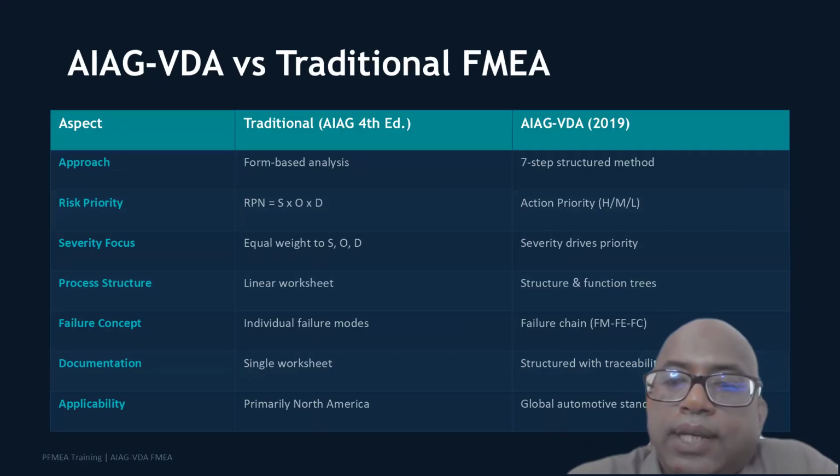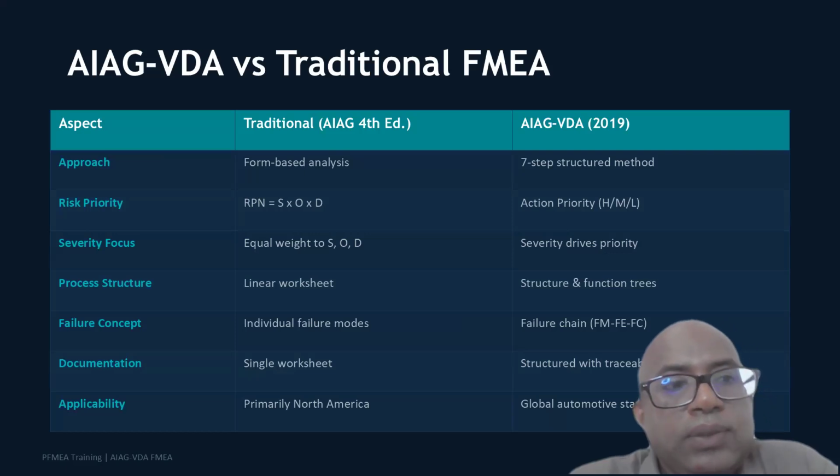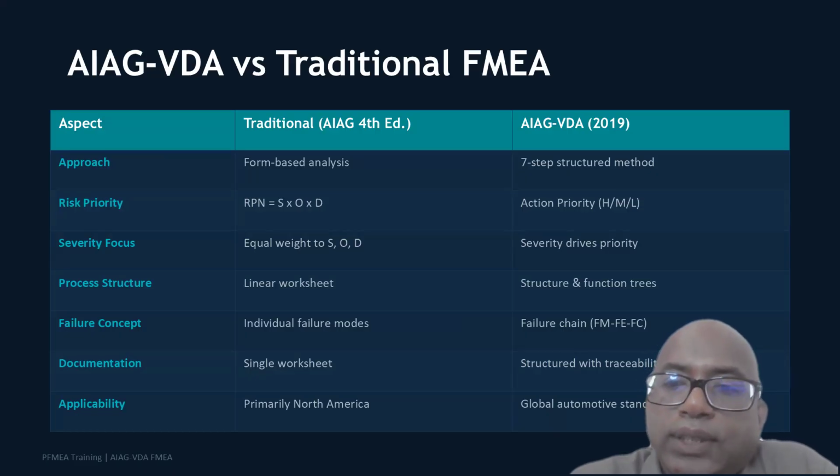I'm going to talk about that because some industries are now using the traditional version. This aspect is explained here, and the traditional version, AIAG 4th edition, explains the traditional version.